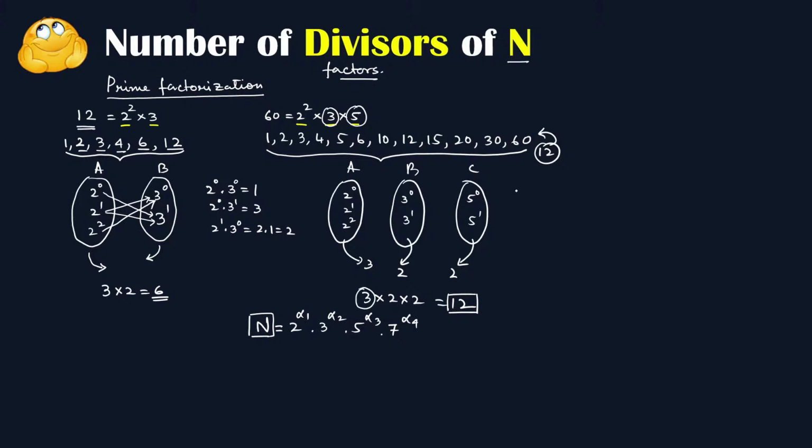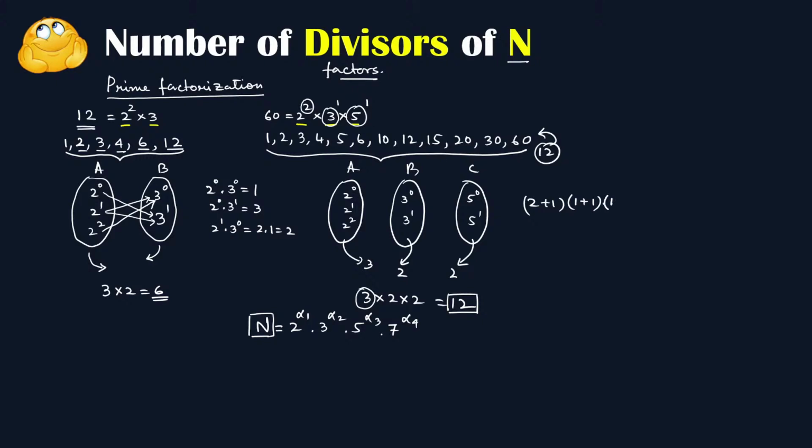If we see, we will find that the exponent of 2 is 2. Therefore, the number of elements in set A will be 2 plus 1. The exponent of 3 is 1. Therefore, the number of elements in set B is 1 plus 1, that is 2 elements. Again, in case of 5, it is 1.